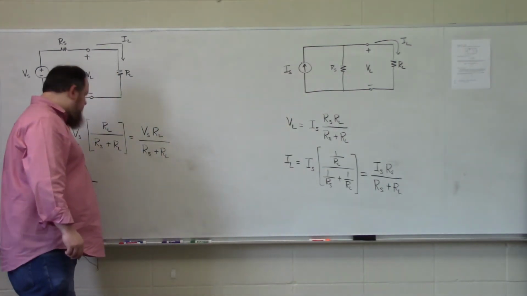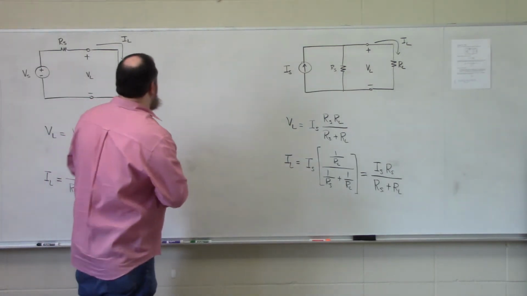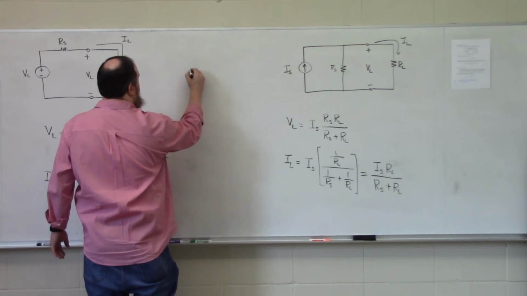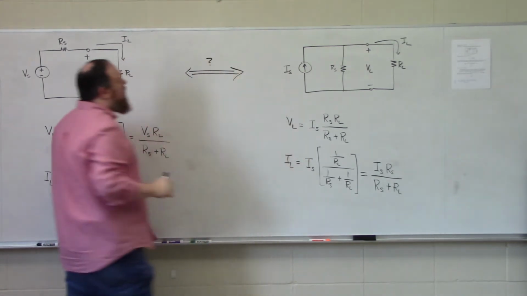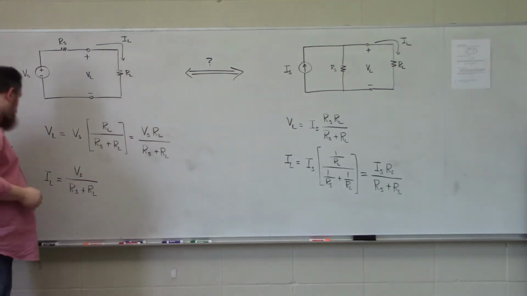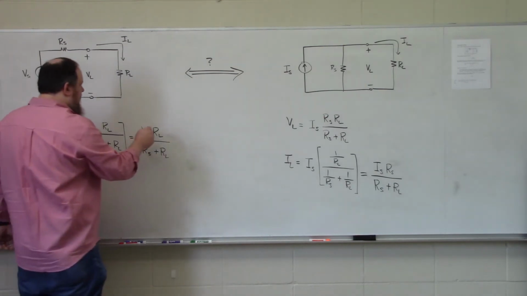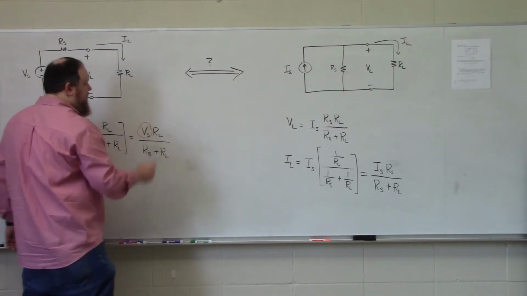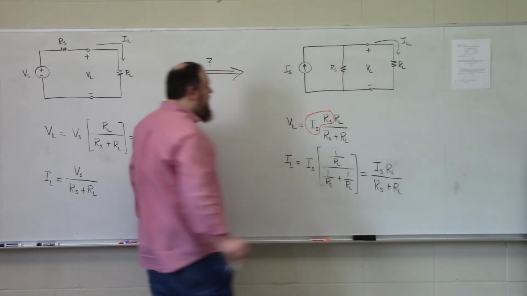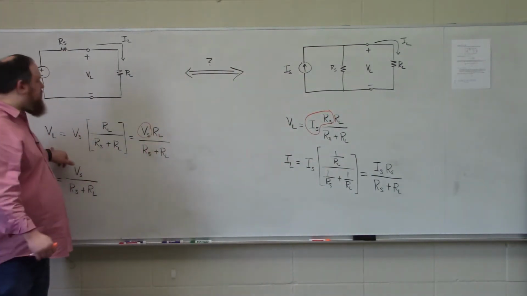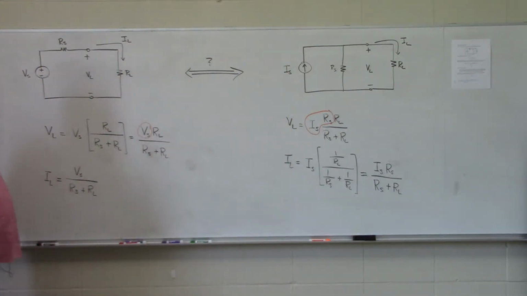So if these two circuits are electrically equivalent, under what conditions is that true? Well, if we look at the voltages, we can see that if Vs is equal to Is times Rs, then this expression for VL and this expression for VL are exactly the same.